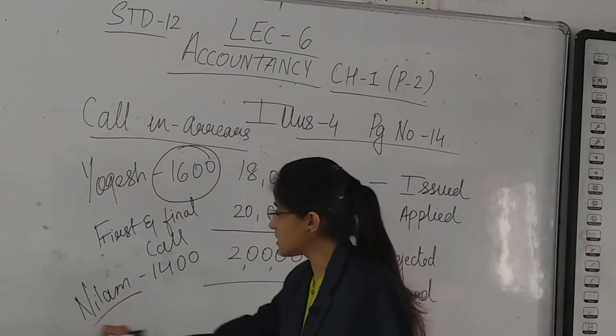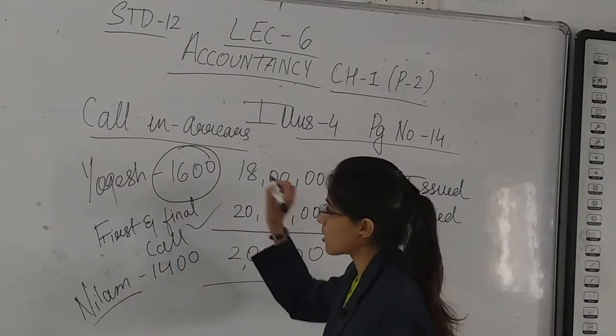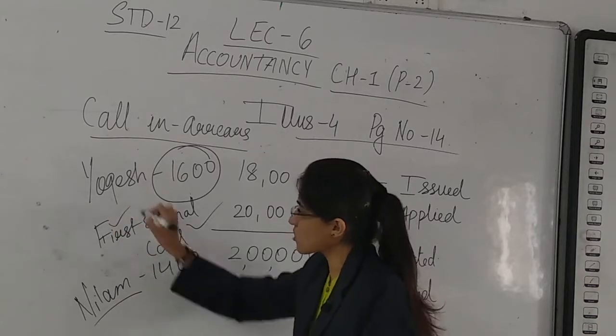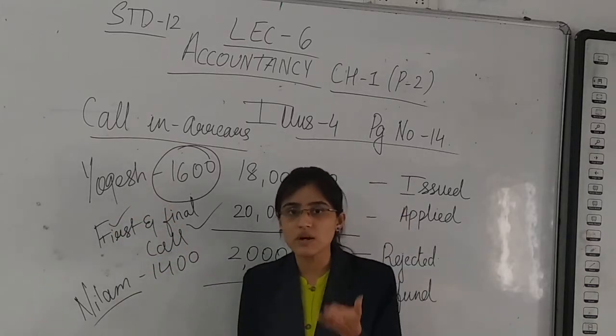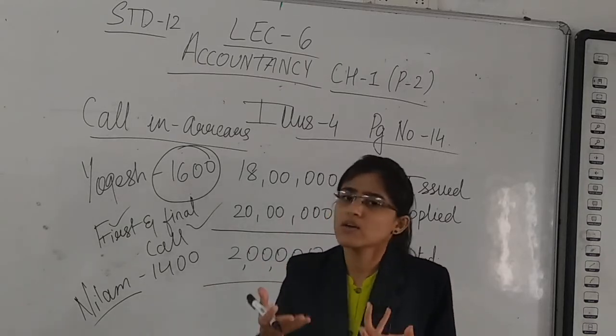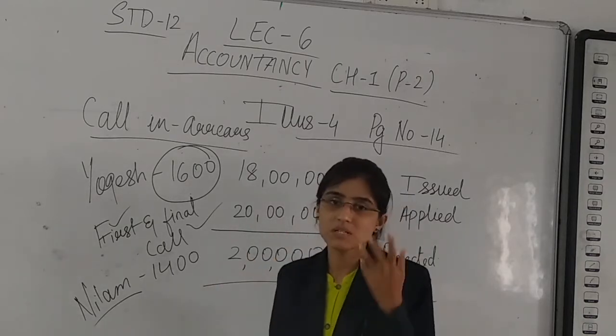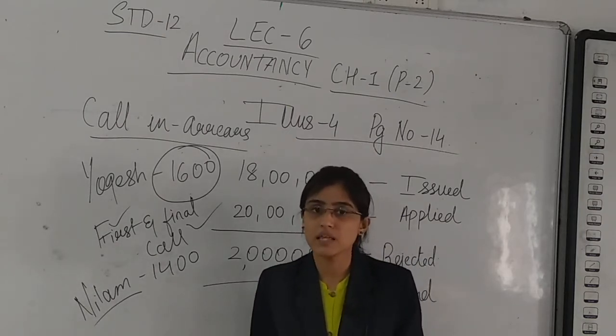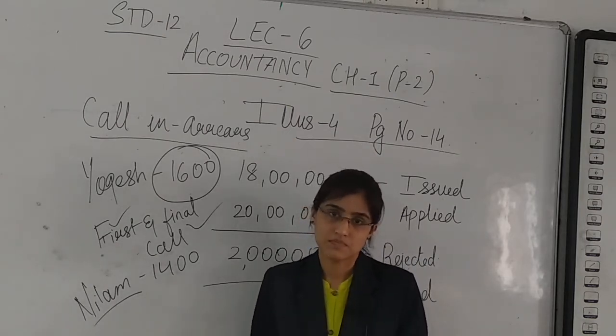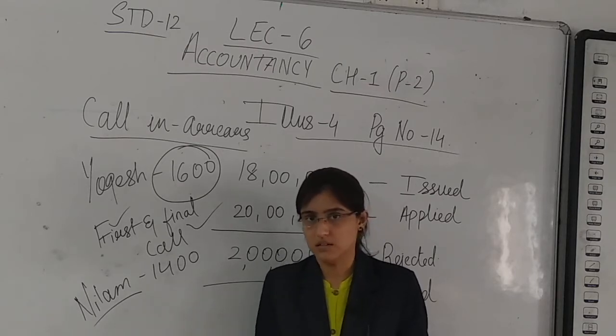Then there is Neelam who fails to pay final call money. Yogesh did not pay first call, so obviously he did not pay final call either. The person who is not able to pay first call cannot pay final call. That's common sense. And at last they say that these people have paid their calls later, that means at the end.